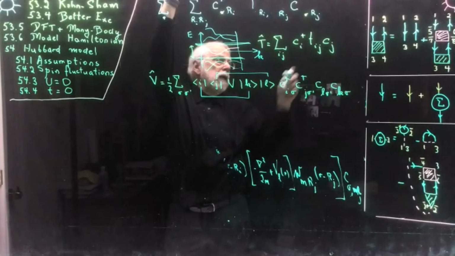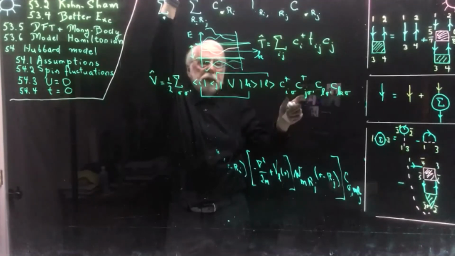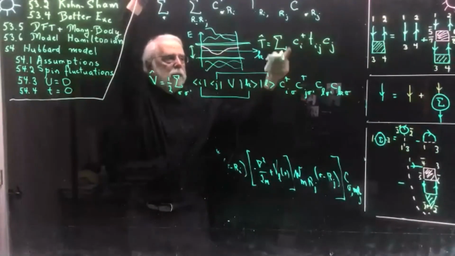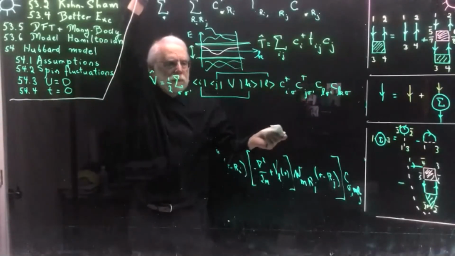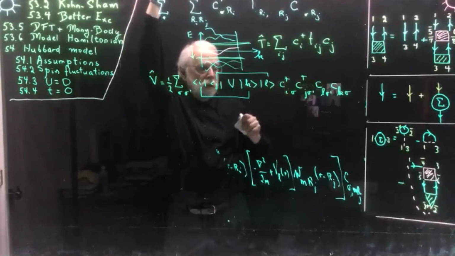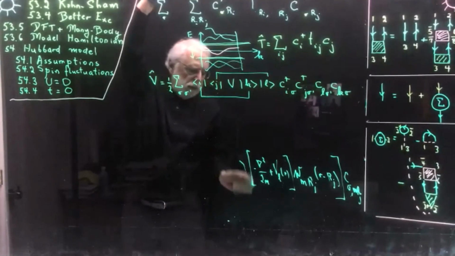You see why, right? Even if I diagonalize this, what this will do is kick two electrons out of some two states and put them in some other states. Okay. So a single Slater determinant cannot be a solution of this problem. It can be the solution of that problem, but not of this problem. And remember, a Slater determinant is equivalent to just filling the vacuum with the creation operators.